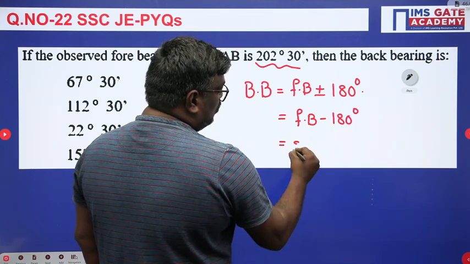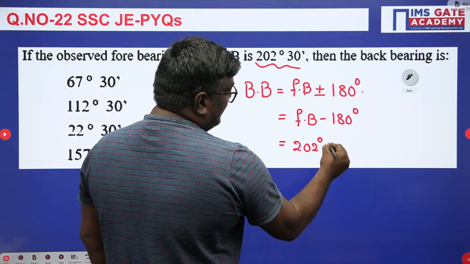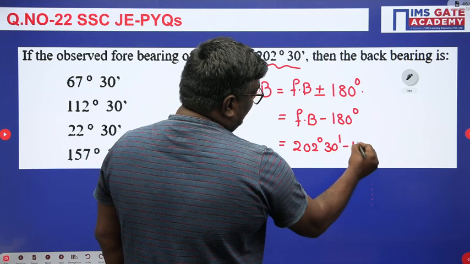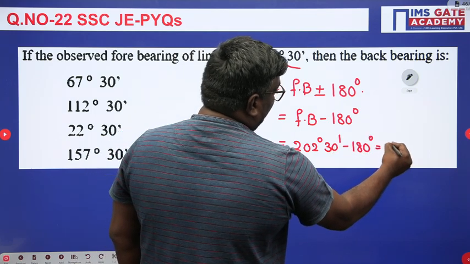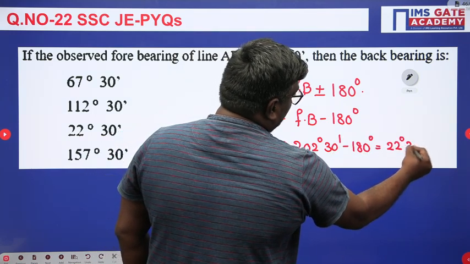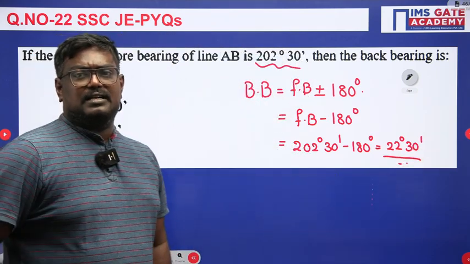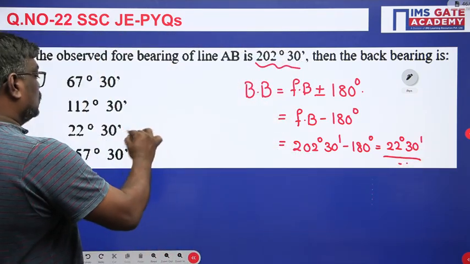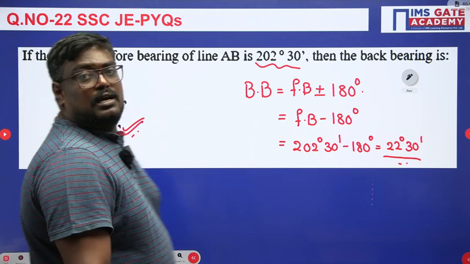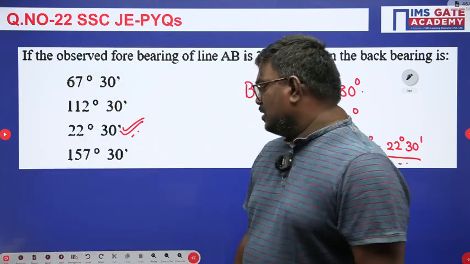So you can write 202 degree 30 minutes minus 180 degrees. So this will be equal to 22 degree 30 minutes. So whatever the answer which is having 22 degree 30 minutes is the right answer. I hope you are clear with the solution.